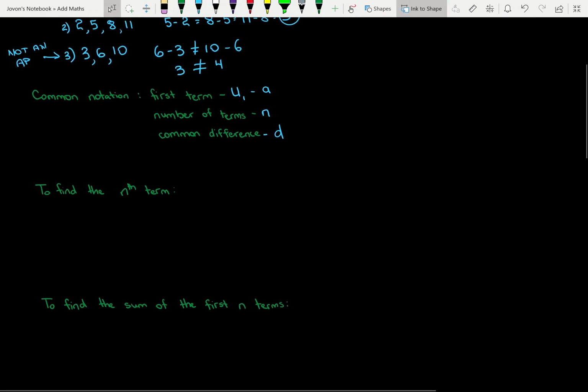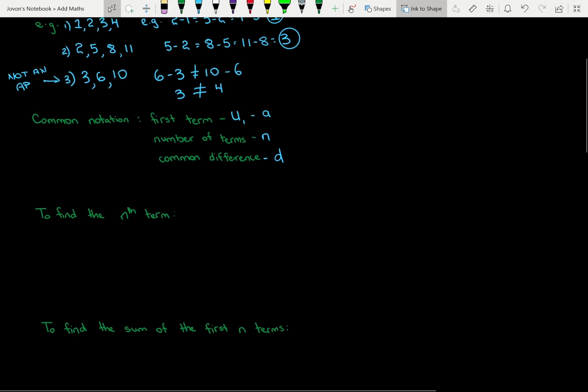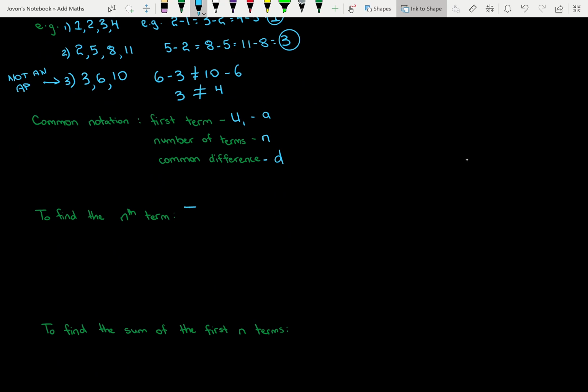So if you want to find the nth term in this arithmetic progression, we have a simple formula which we use. We say T of n to find the nth term is equal to a plus n minus 1 times d. Again, an example, let's say we want to find T of 5 given that the first term is 2 and the common difference is also 2.